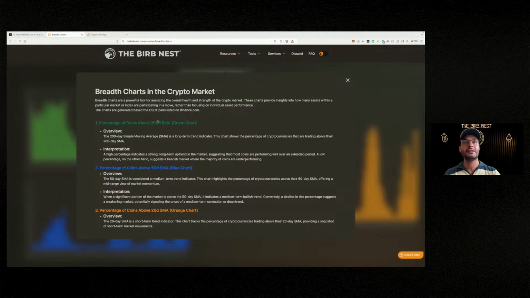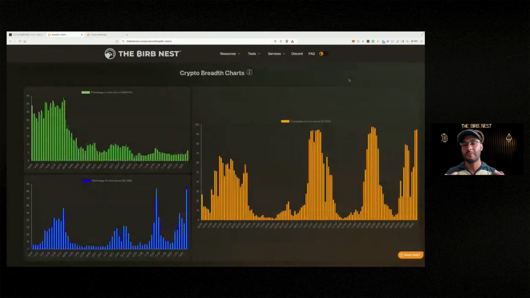I use breadth indicators all the time. I think you should do the same. This displays the amount of coins that are trading above the 20 MA, and this only measures the USDT Binance pairs.